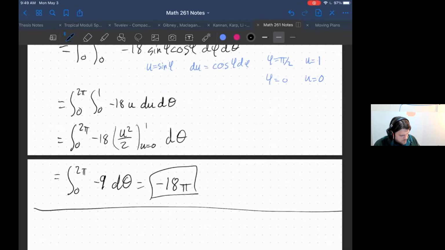Okay, so for tomorrow, we have 2 more examples for Stokes' theorem. That will probably take up most, if not all, of tomorrow. If anything, we'd only be able to write out the divergence theorem at the end of tomorrow.